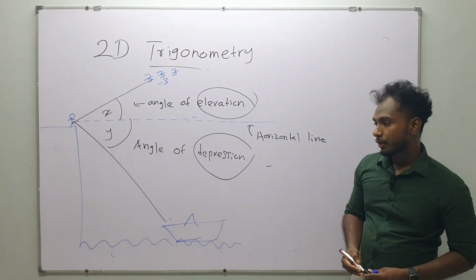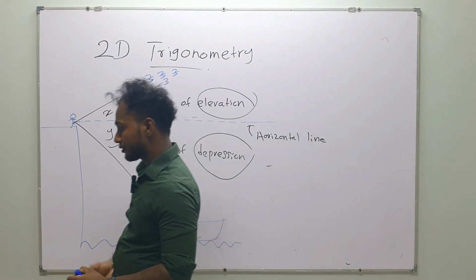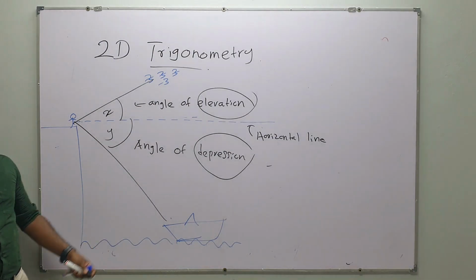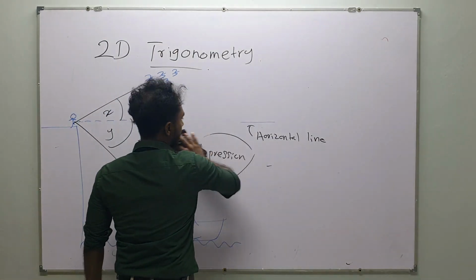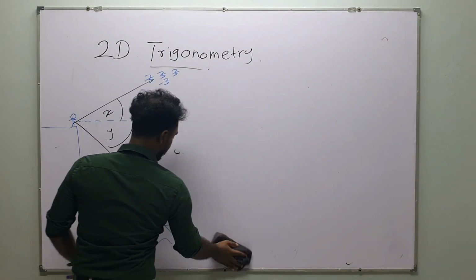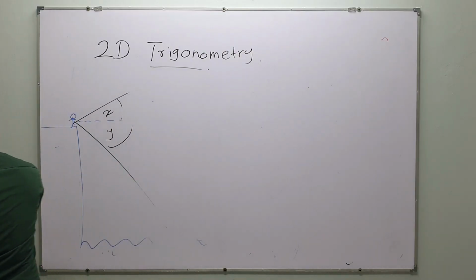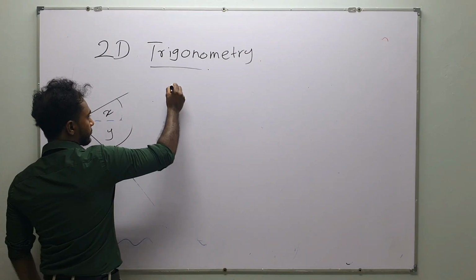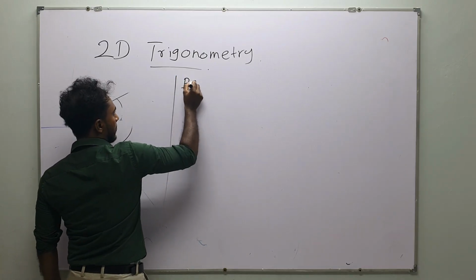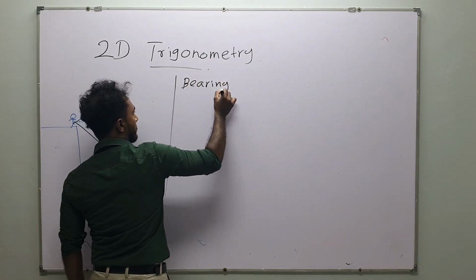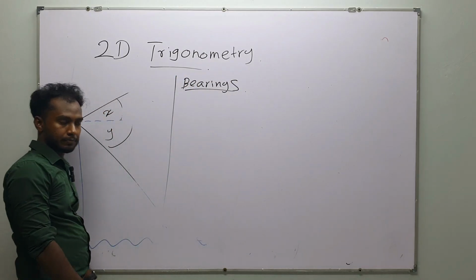Okay, the next one I mentioned is the bearings. You might have learned bearings before, right? I will give a brief introduction because the bearings are used in trigonometry too. It is something like this. Bearings.